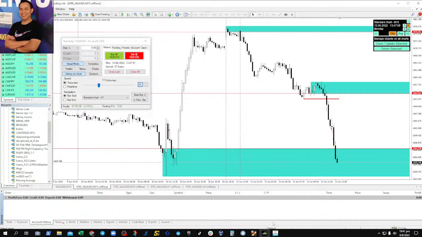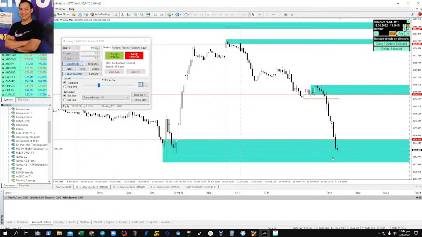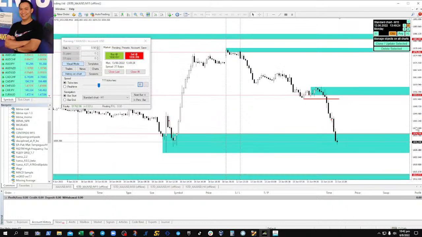Okay, so price continues to go inside the demand zone. We want to see what happened here. At this point I'm not sure if I should continue to sell because I don't want to sell a demand zone. I want to buy a demand zone. Or if it breaks low, then I'll look for a sell.